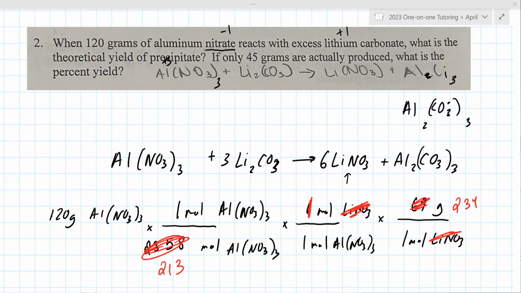And we know the answer is 65.9 grams. Yeah, doesn't seem right. Neither of these are working out. Let me, 120 grams, 33, 1 mole to 1 mole, or 1 mole to 234, or 69, 69.